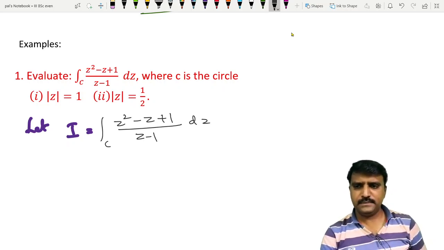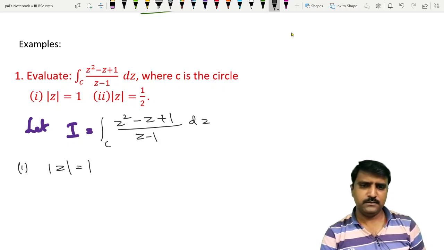In the first case mod z is equal to 1. So mod z is equal to 1 is a circle with radius 1.